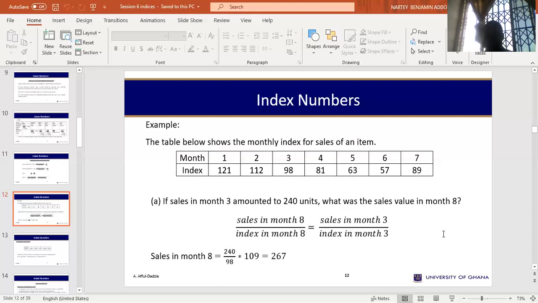Oh, now we are looking for the sales. That is what we need to look for. But I think the question should have given the index in month 8, because I don't know how it got the 109. Because you have two unknowns, there's no way you can determine any of them unless the equations are 2. If you have only one unknown, then the equation should be 1.